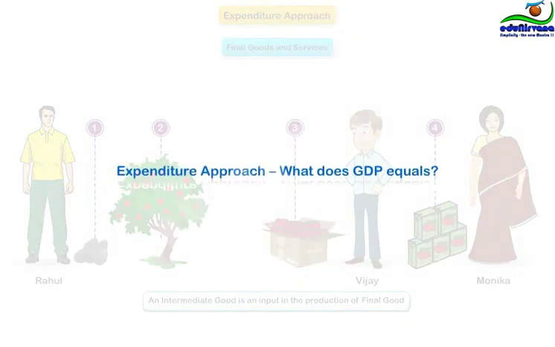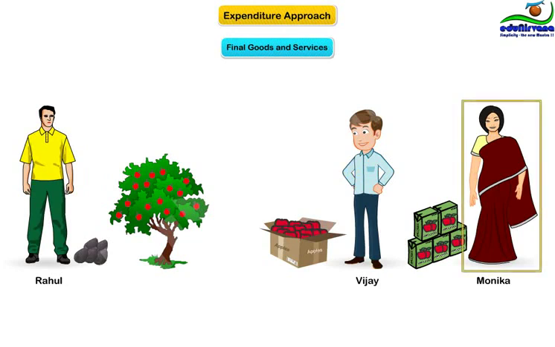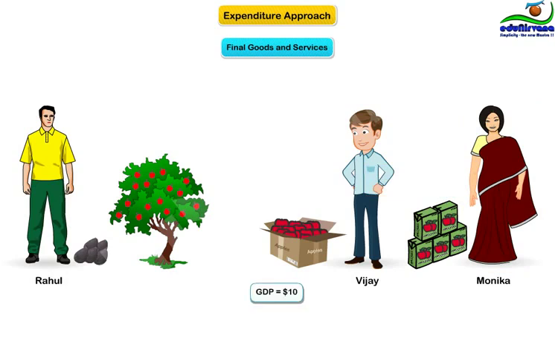So what does GDP equal if we use the expenditure approach to compute it? Any guesses? Simple. It is the dollar amount spent by buyers for final goods and services. In our simple economy, there is only one buyer, Monica, who spends $10 on one final good, apple juice. Thus, GDP in our tiny economy is $10.